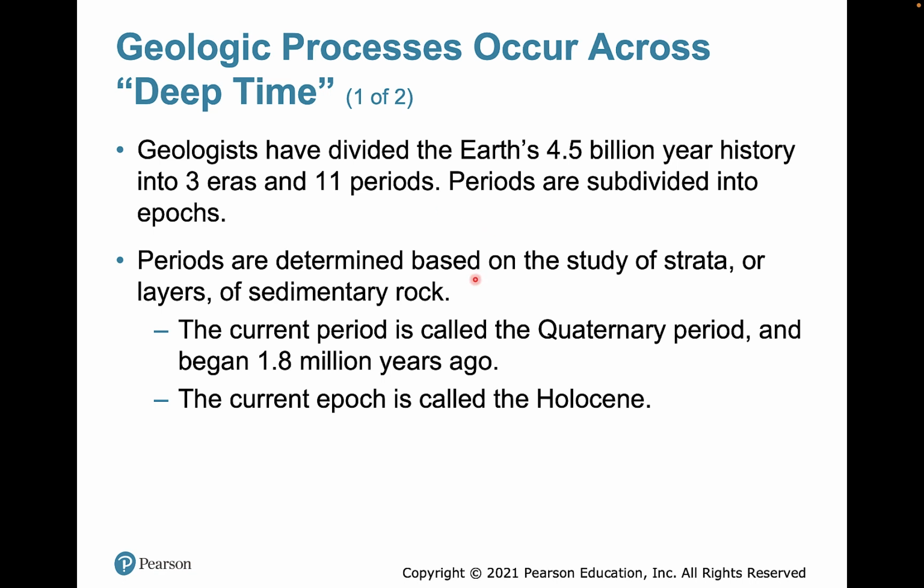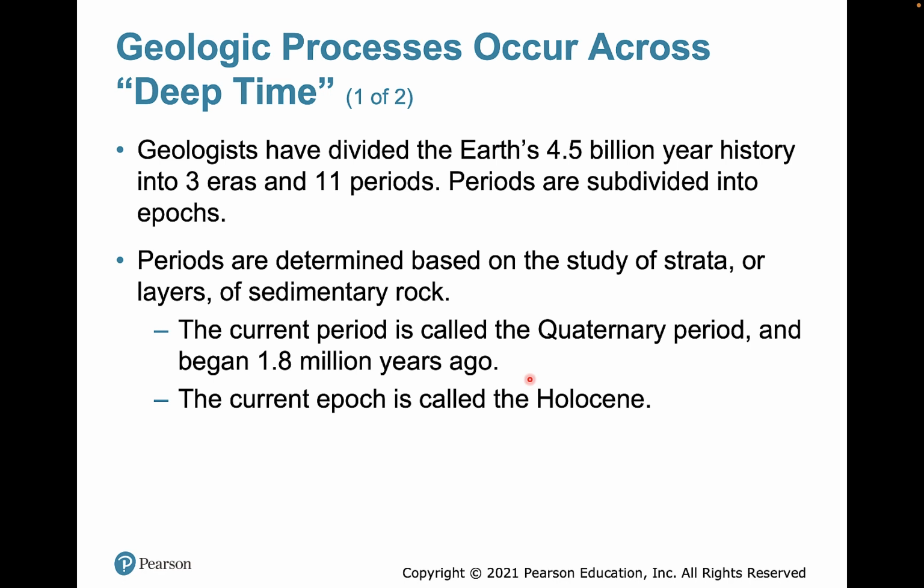And typically what they do, they determine periods based on looking at rocks, looking at extinction events like we had talked about earlier, or changes in geology around the world that would give you an indication that there's been some change in the environment.